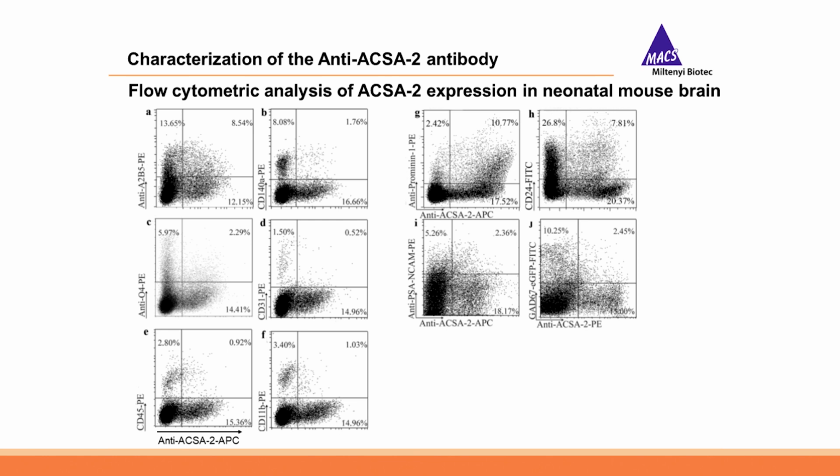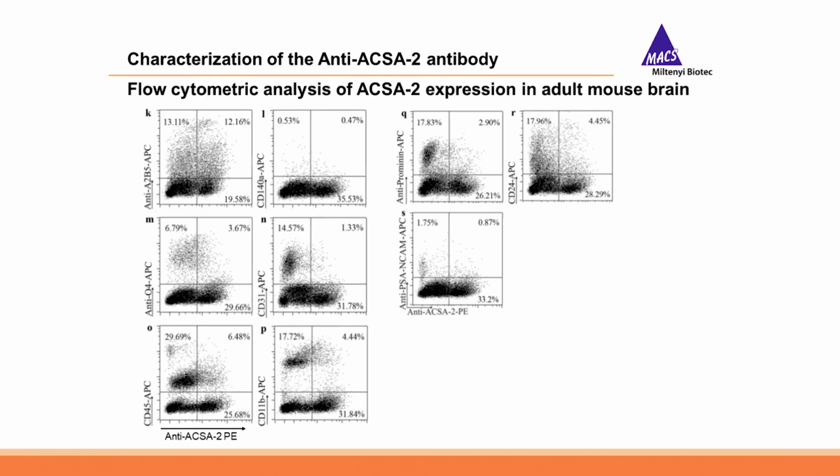And then in the adult mouse brain, we see again that A2B5 positive glial restricted precursors are partly AXA2 positive, and O4 positive oligodendrocytes, CD31 positive endothelial cells, CD11b, CD45 positive microglia, and also PSA-NCAM positive neurons are devoid of any AXA2 expression. In the adult mouse brain, the expression of AXA2 on prominin-positive cells is not detected anymore, as you see in Q.